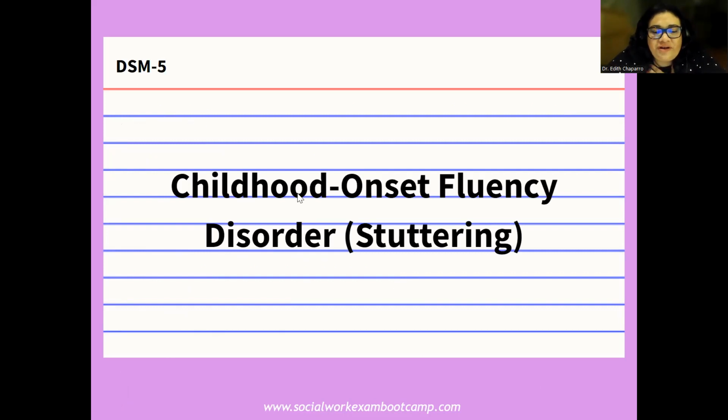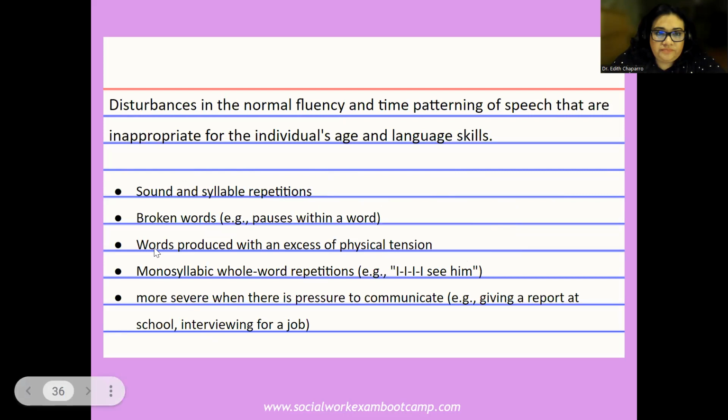All right, so let's move on to childhood-onset fluency disorder. In other words, this is stuttering. A lot of people don't know that this is now actually called childhood-onset fluency disorder in the DSM-5, so just look out for that. The other side of this flashcard could say these words here.